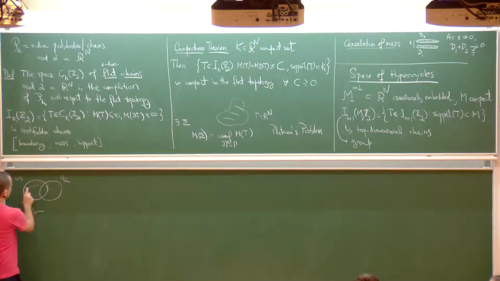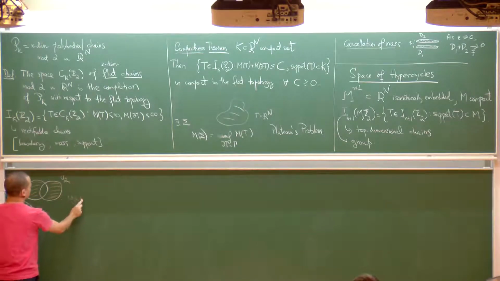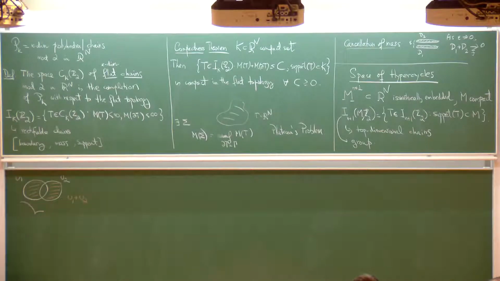So the sum is just U1 plus U2. Okay, so that's the space of top dimensional chains.